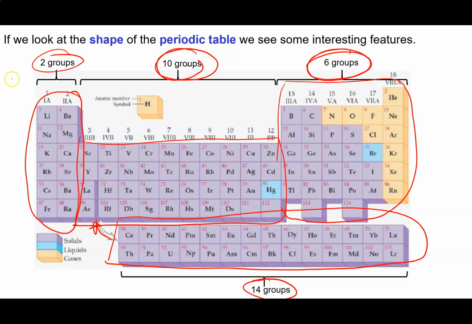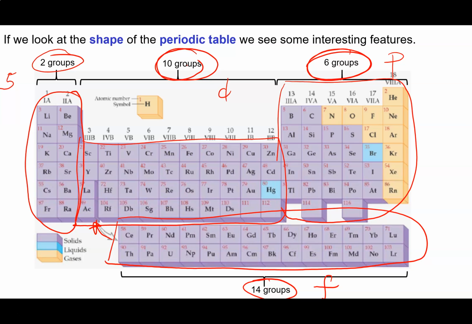Well, 2 is the number of electrons that you can put in an S subshell. 6 is the number of electrons that you can put in a P subshell. 10 is the number of electrons that you can put in a D-type subshell, and you guessed it, 14 is the number of electrons that you can put in an F subshell.